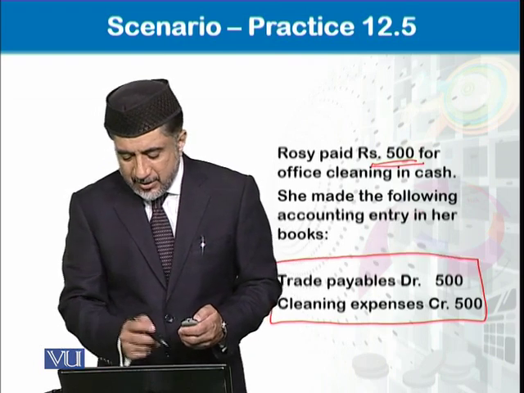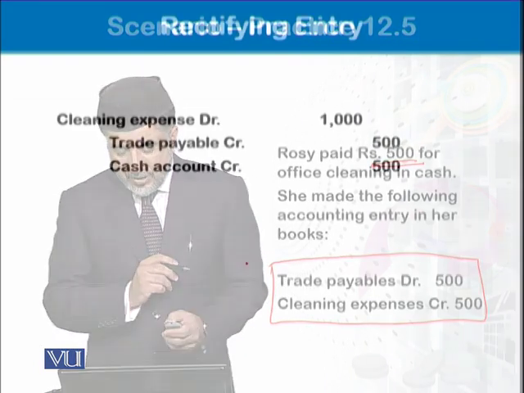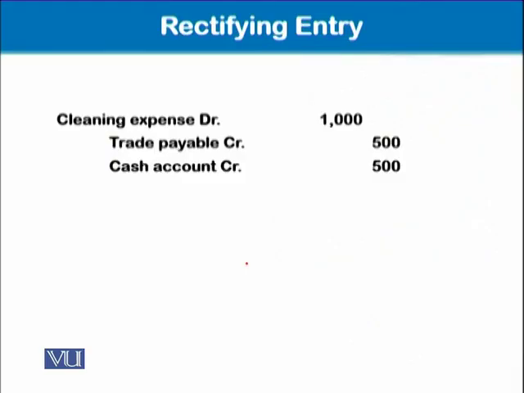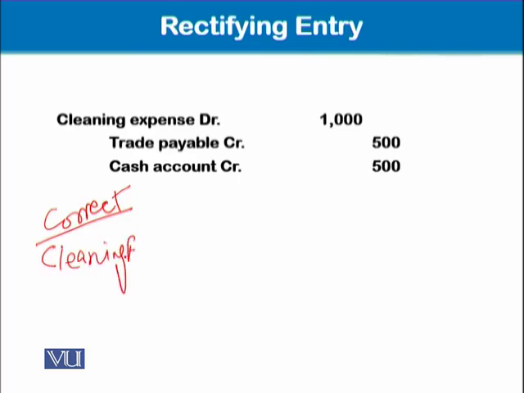Trade payable was debited and cleaning expense was credited. So first of all, pass the correct accounting entry. Okay, correct accounting entry is cleaning expense debit with 500 and cash was supposed to be credited with 500.